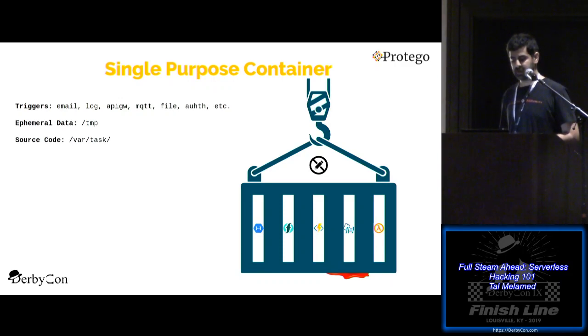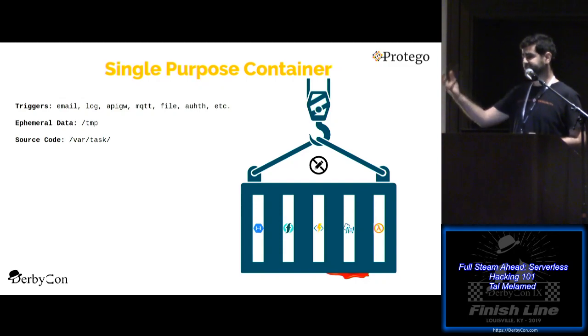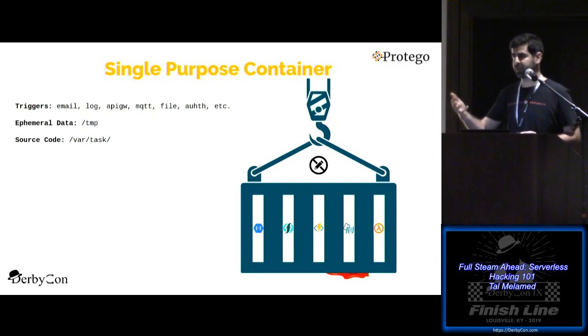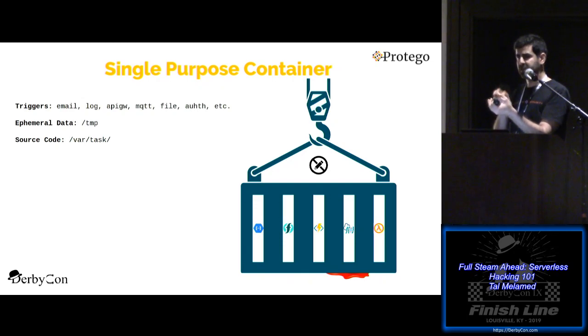Okay, the source code also resides in the container. So what happens is that when your first trigger comes up and triggers your code, the container spins up, and within the container, the code is mounted, taken from other cloud resources, and then your code will run on this environment.